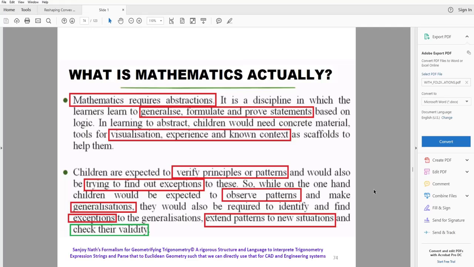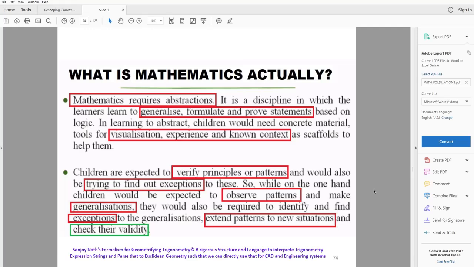Those are the scaffolds, the helping tools to construct things. So scaffolds are necessary to understand abstraction, and geometrifying trigonometry is going to give you the reality in front of your eyes, such that students can understand what kind of reality and what multiple possibilities are hidden inside the trigonometry expressions.